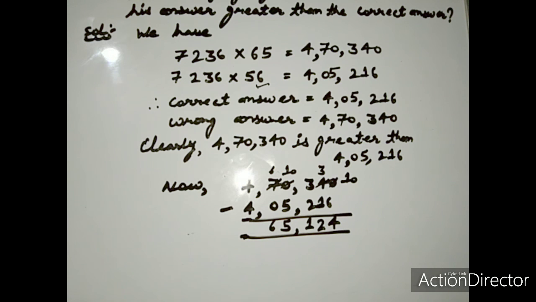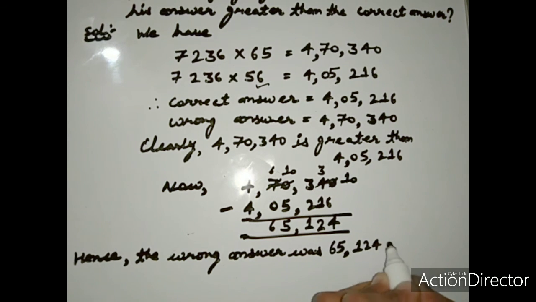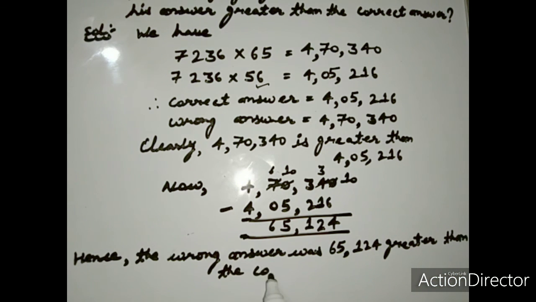So in the answer we write, hence the wrong answer was 65,124 greater than the correct answer.